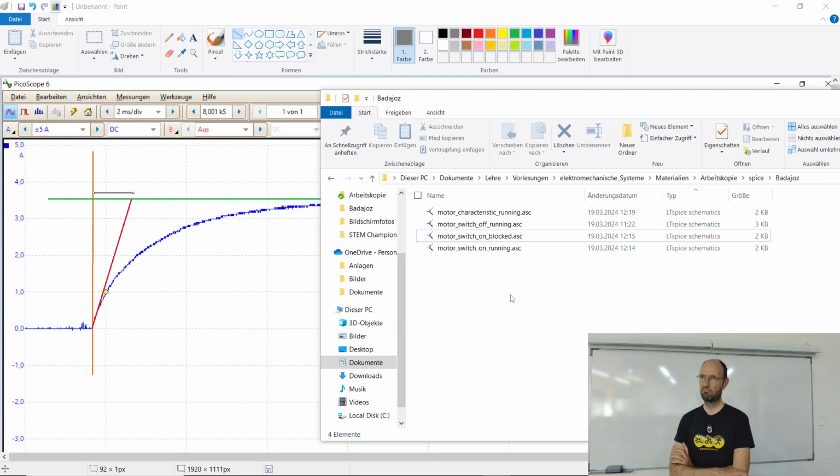Once the schematic is opened up, we should see the curve that we all know already, this exponential increase of the current.